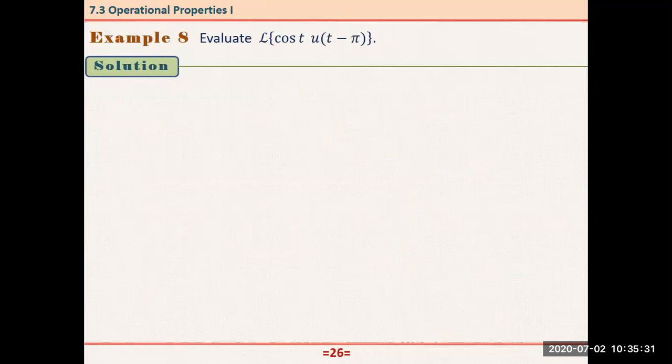All right, let's do one example regarding this. So here, evaluate the Laplace transform of cosine of t times u of t minus pi, right? That is our unit step function, right? What is a here? If you just identify from our formula, a is equal to pi, right?